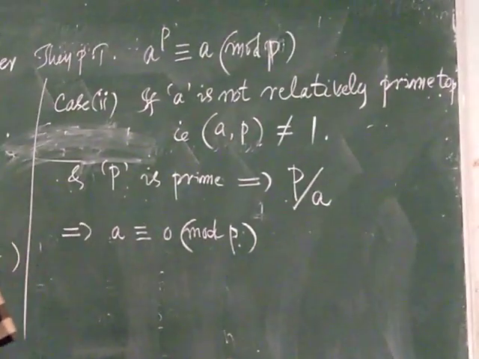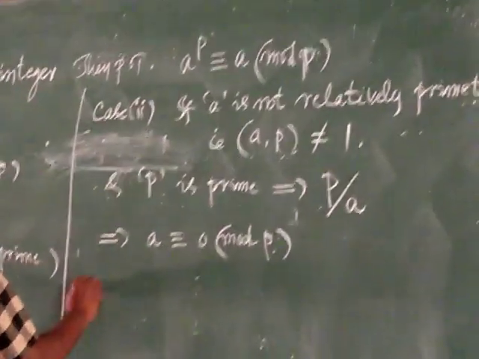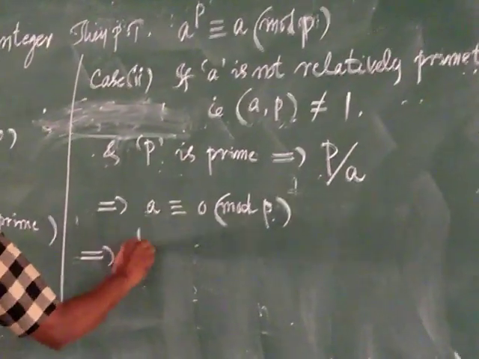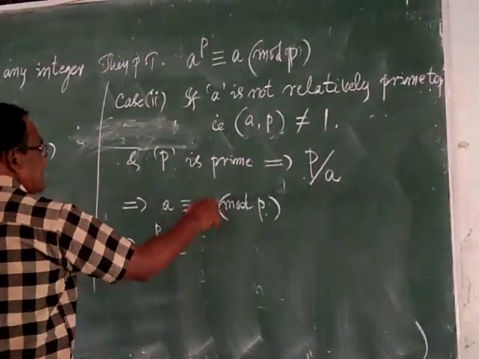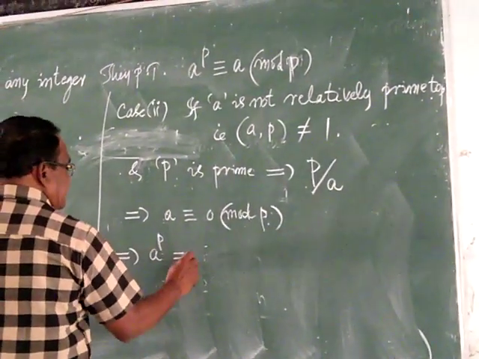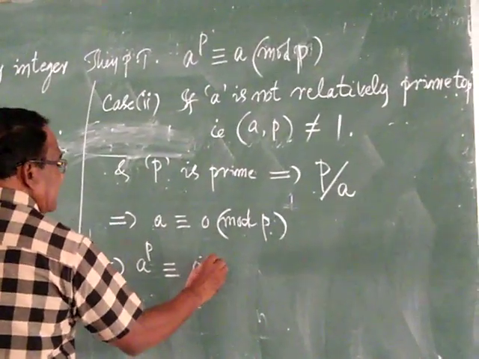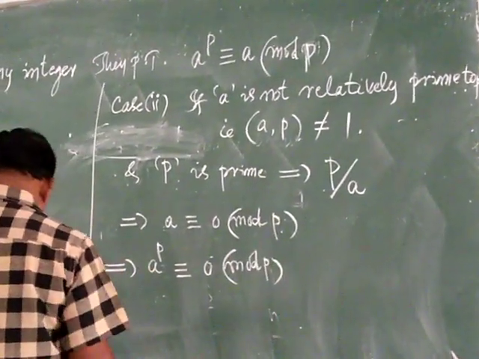Raising the power to P on both the sides, A to the power P is congruent to 0 to the power P, which is 0, mod P.